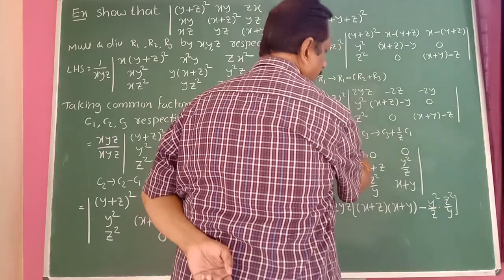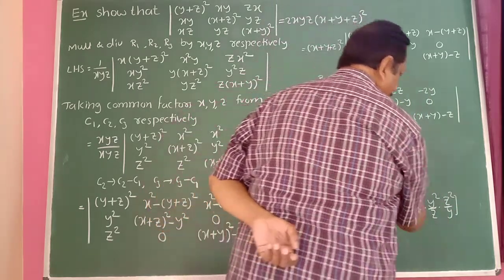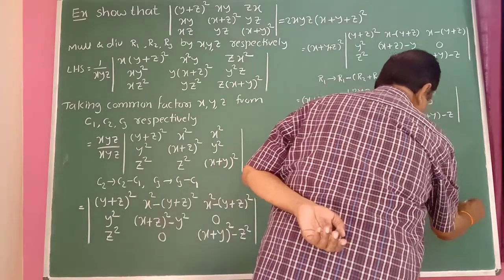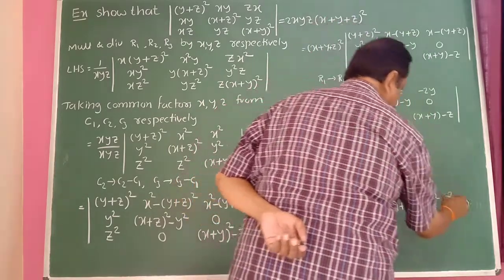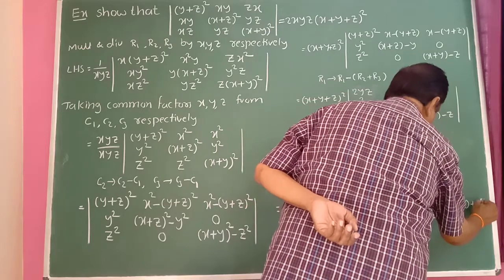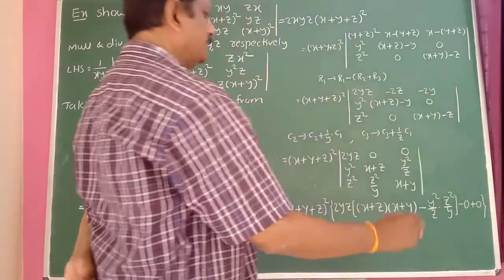Then here is 0, and 0 into any term is a 0, so the second term is 0. Even here also 0. Both terms become 0.